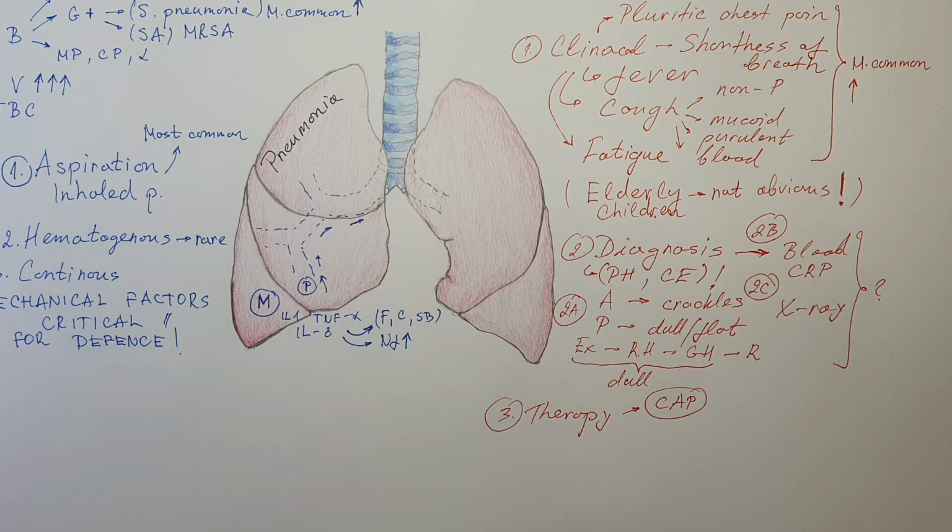I am coughing out some mucoid or purulent sputum, and you do this analysis and see that he has a limited pneumonia in his, for example, left lung. He has some crackles in the lower left lung. He has leukocytosis. The CRP is, for example, 50. An X-ray shows a small patch of consolidation.